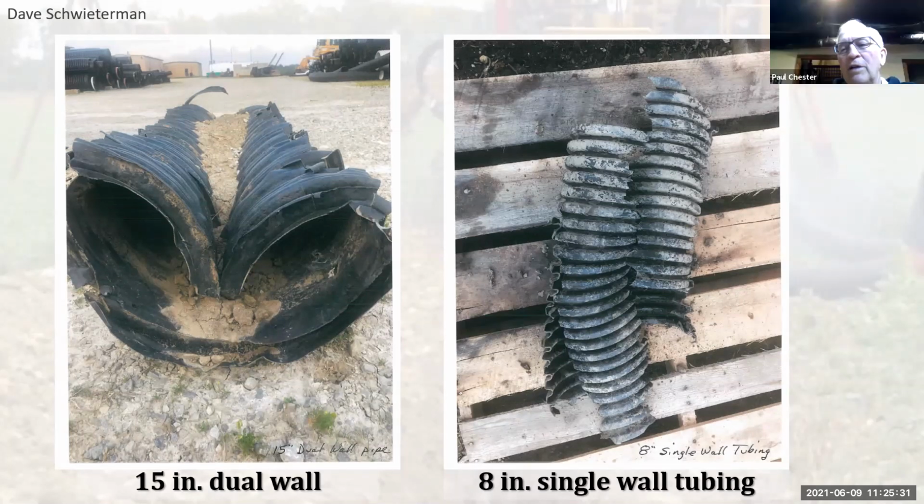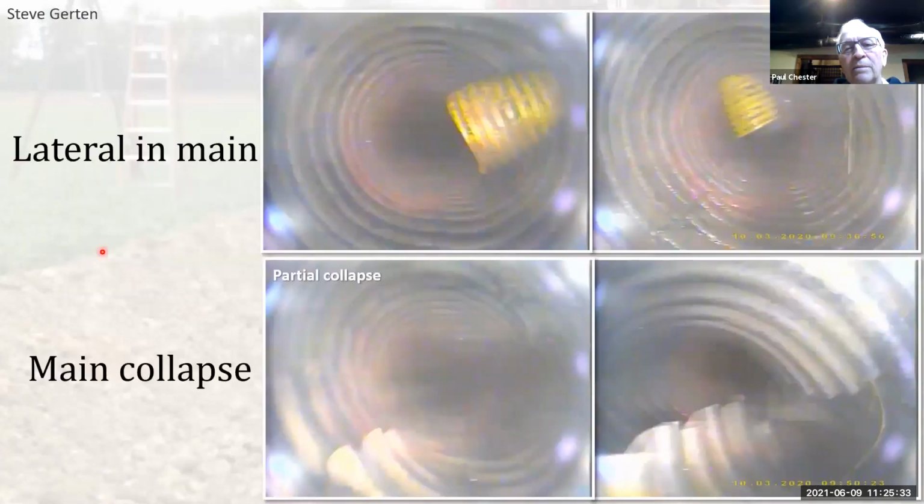Thank you. Steve, comments on your tile? The ones that we found, this was installed back in 1990. It was on a job site that we were investigating the main, and we found this 10-inch single wall pipe where it was developing cracks through the side walls, the top, the bottom.